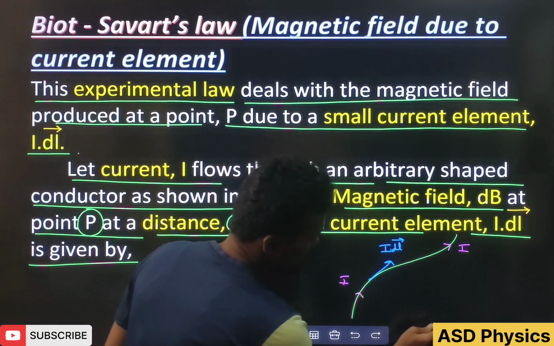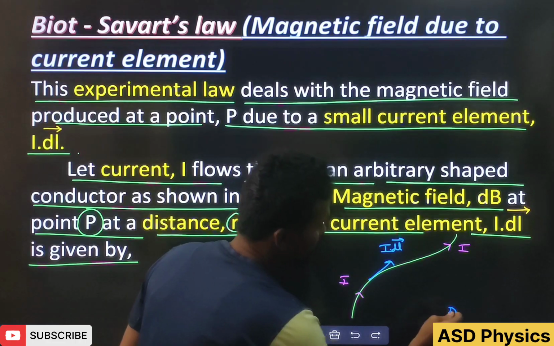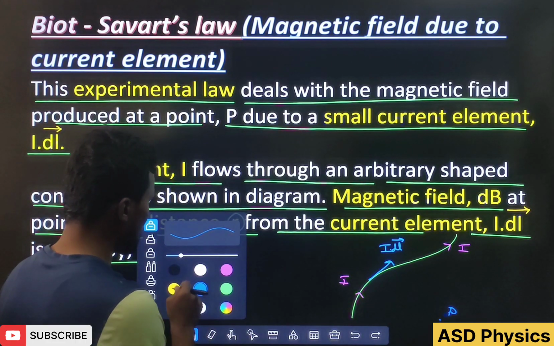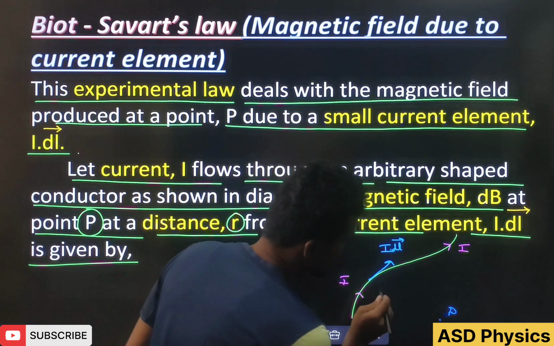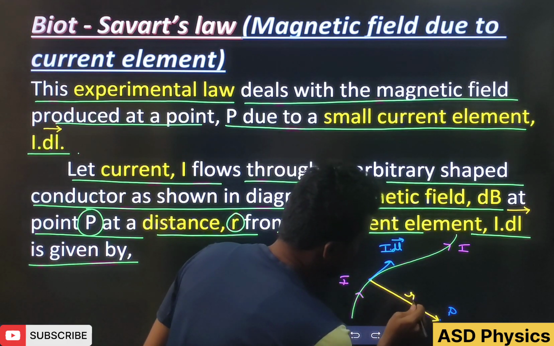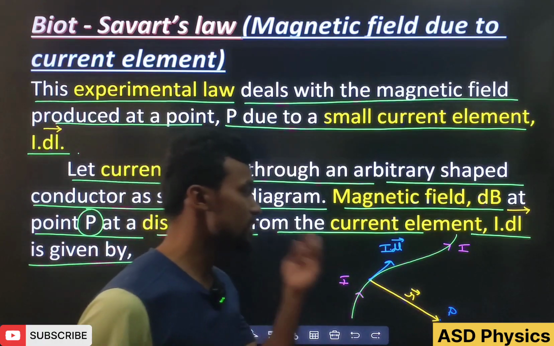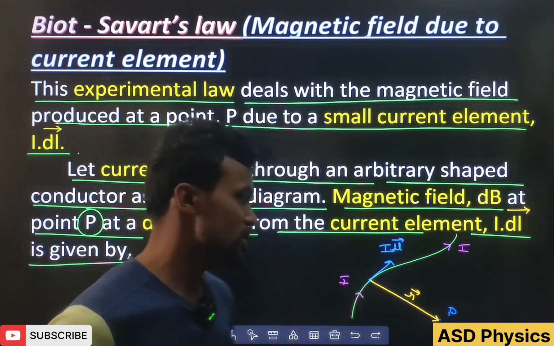Now after that let's take here some observation point P, and this observation point P has some position vector r. From the current element to the observation point, one vector we are drawing, that is called the position vector r.